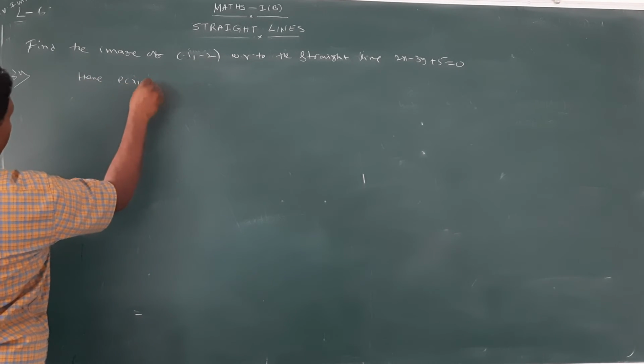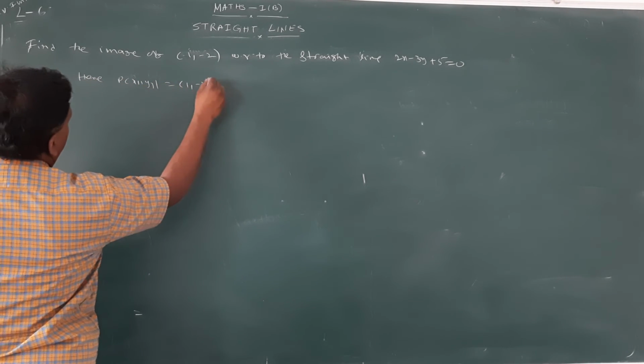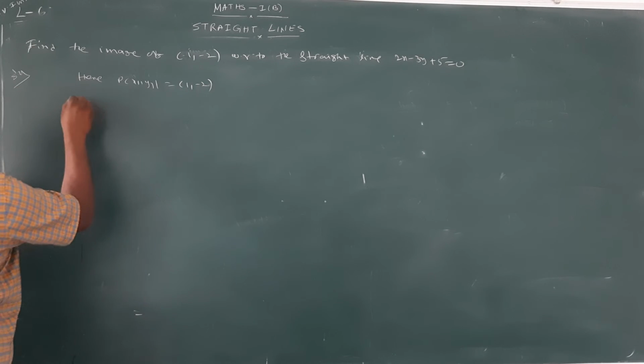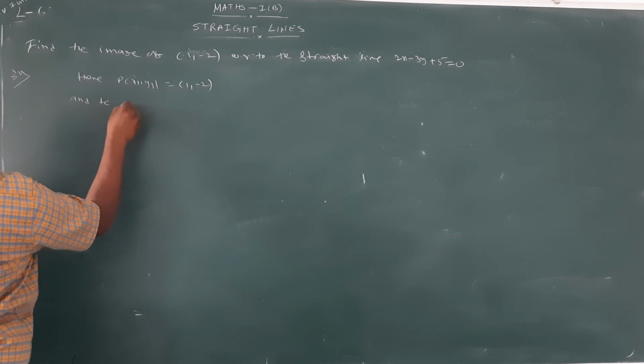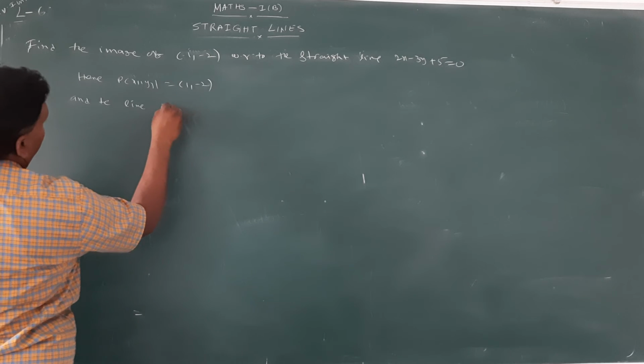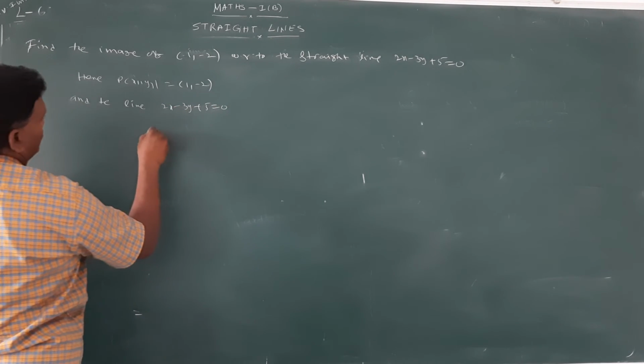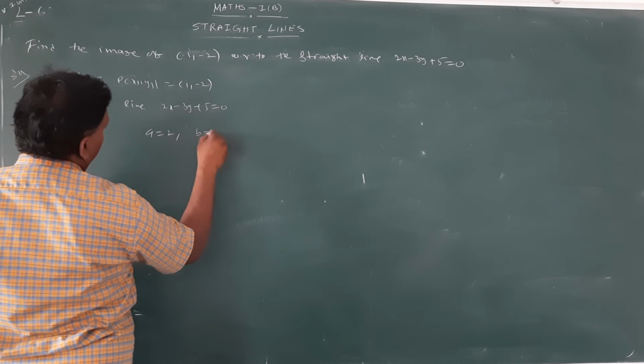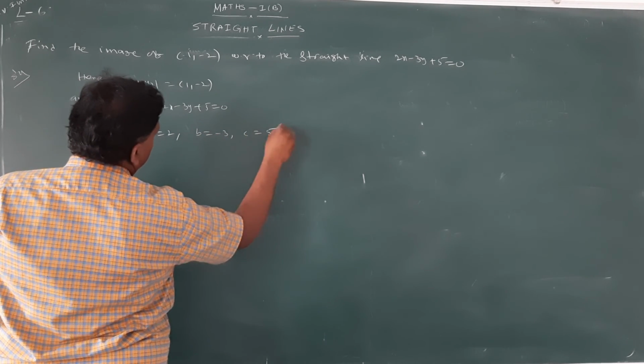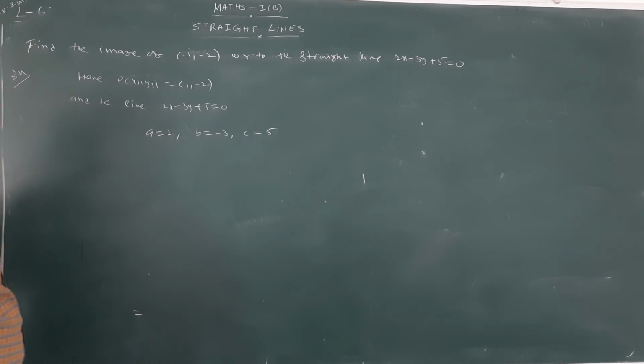Here P(x1, y1) = (1, -2) and the line is 2x - 3y + 5 = 0. A = 2, B = -3, C = 5.